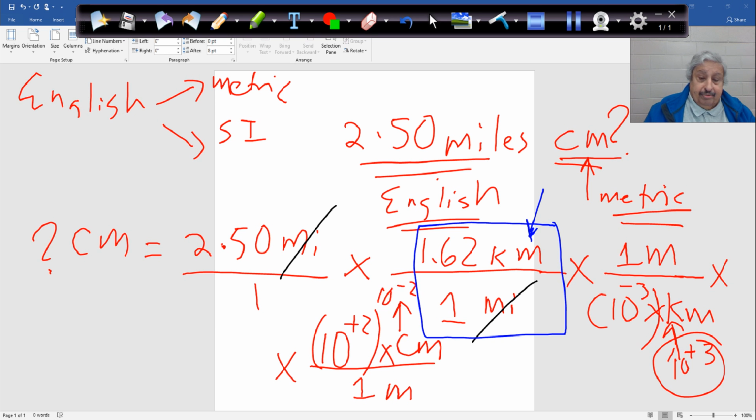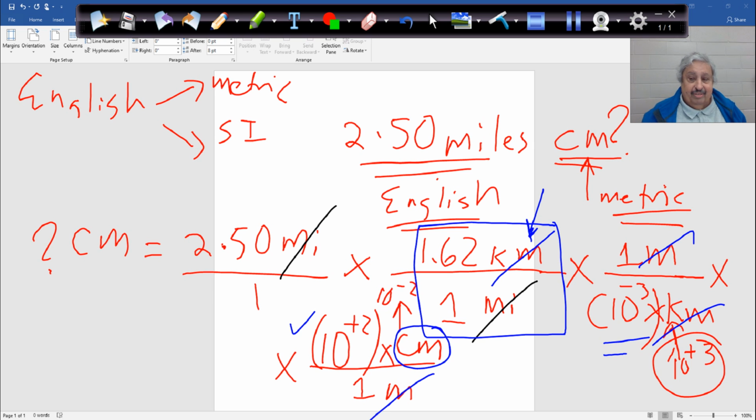Correct, guys? So now, looking at the whole thing, I want to do the whole thing. The kilometer with the kilometer cancels out. Meter with the meter cancels out. It is 10 to the minus 3, so I have to take the 10 to the minus 3 up.